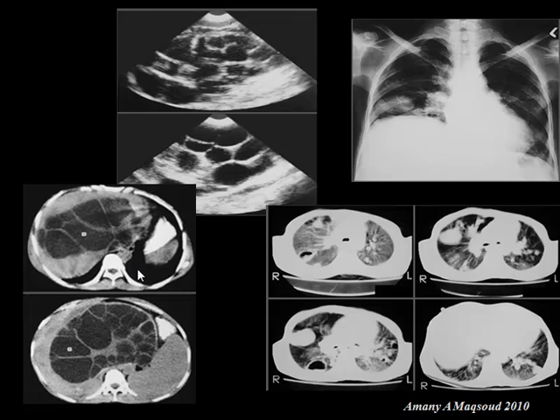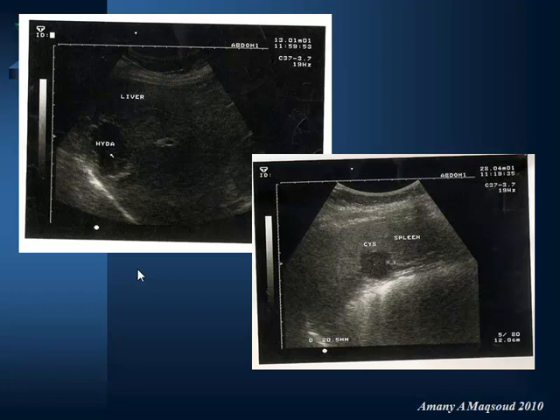Now I'm going to show you some of the rare cases we have seen. This is a patient who came to the emergency department with dyspnea and tachypnea, and this chest X-ray shows an area of consolidation in the right lower lung. Abdominal ultrasonography showed this huge cyst in the liver, and it was multiple hydatid disease of the lungs and liver. Another case, a female coming to the outpatient clinic in Qasr Al Aini complaining of hemoptysis.